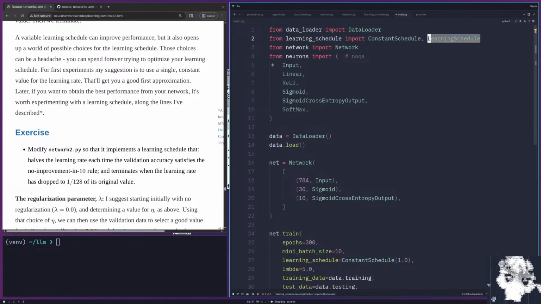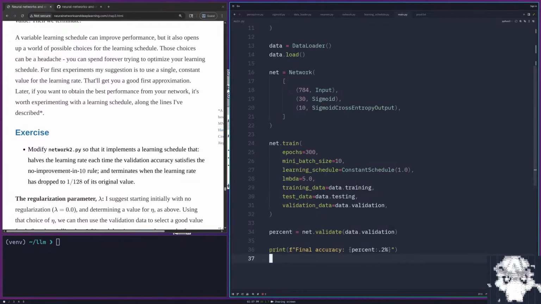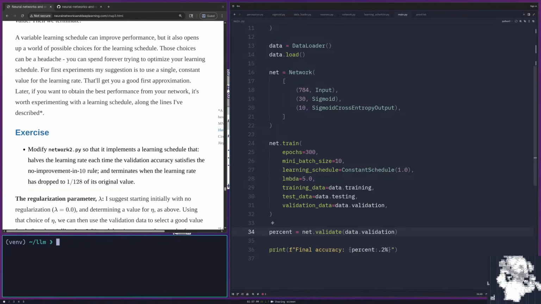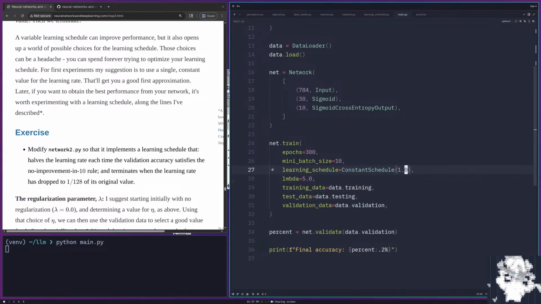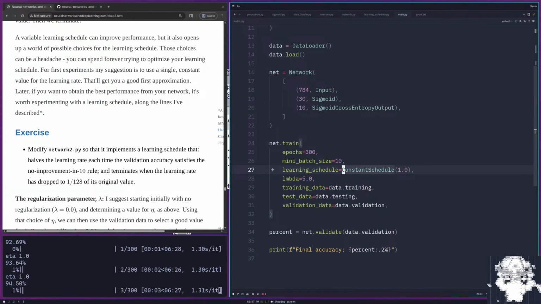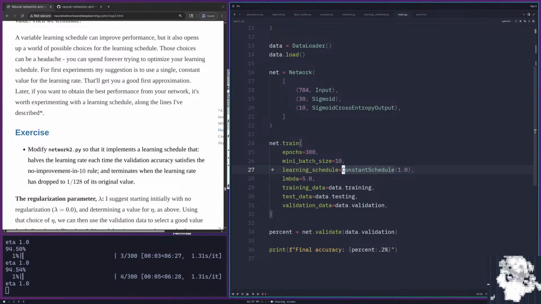I don't need learning schedule. I should import decay schedule, and I should add no QA here. Okay, so now it should never change. This is the same as just saying eta equals 1, like we were doing before.